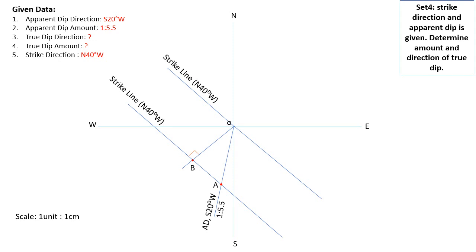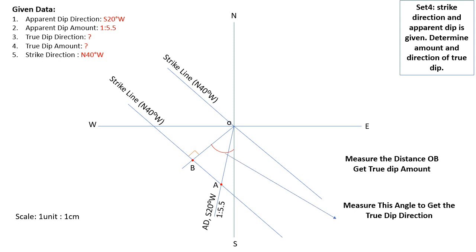That distance is B. So OB distance is the true depth amount, and this angle between OB line and south line, that is this angle, is the required true depth direction. So if you measure this distance OB, that is the true depth amount, and this angle is the true depth direction.